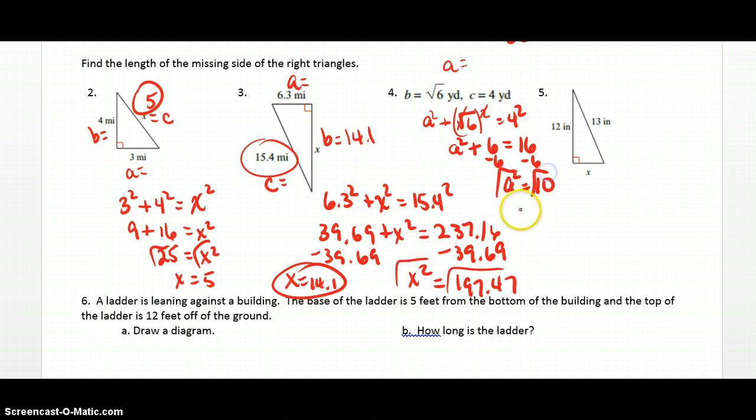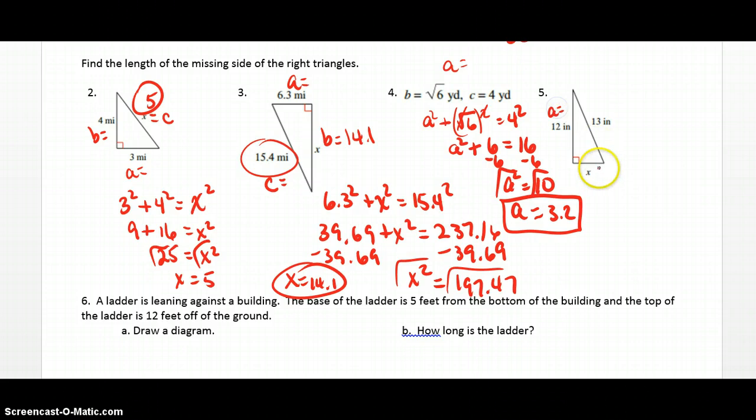Find the square root of 10, and that'll be our final answer, about 3.2. I should mention that when we isolated before in our quadratics unit, we always got a positive and a negative answer. A negative 3.2 wouldn't make sense because we can't have a negative length, so I'm just ignoring the negative value.